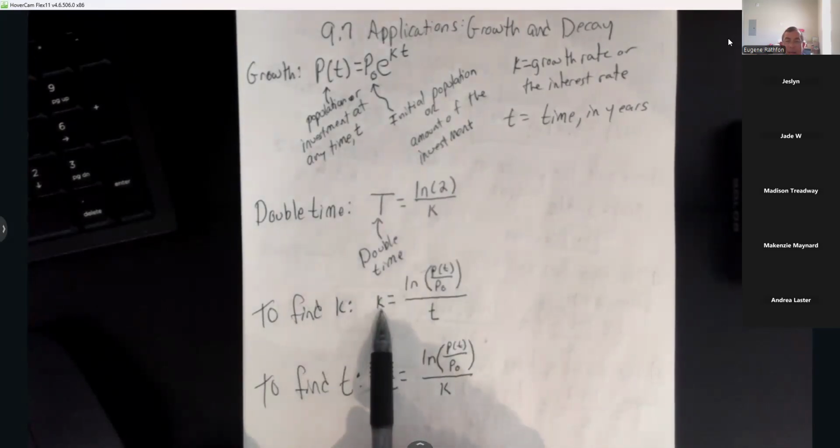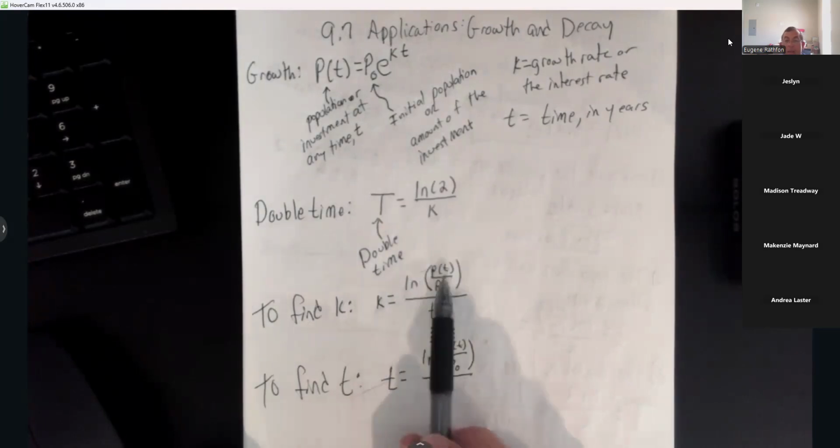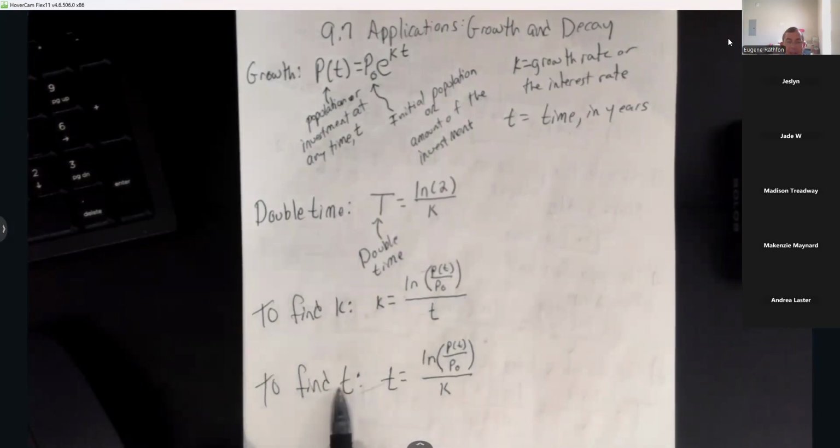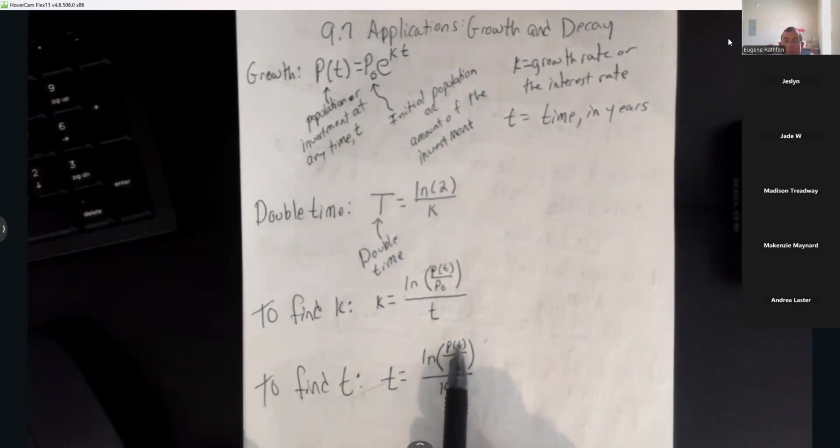If I want to find k, I can use this formula. k equals the ln of P of T divided by P of 0, all of that over t. And then here was to find t. If you want to know the time, then you would use t equals the ln of your P of T divided by P of 0, all divided by k.